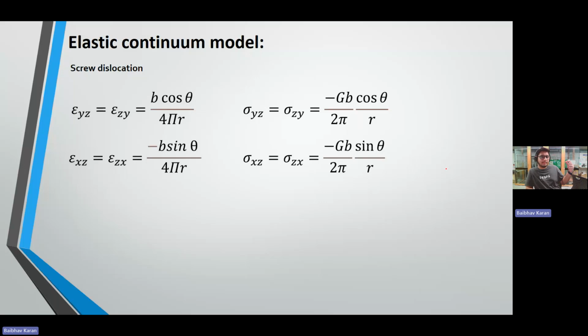So when r tends to 0, the sigma value tends to infinity. So at the core of the dislocation, the stress is too high. It is infinity. Stress is too high at the core, or very near to the dislocations. That is the observation we got.